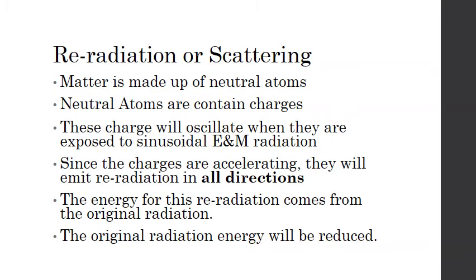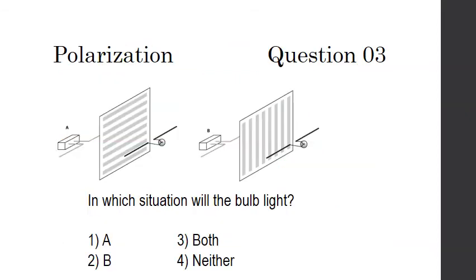And then the other effect that can happen is if it re-radiates in the direction of the original radiation, the propagation direction of the original radiation, the electromagnetic radiation in that direction will have to add together to get the net electromagnetic radiation. And if they add together to where the magnitude decreases, the intensity will go down even more.